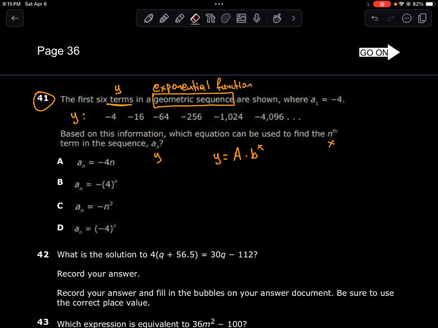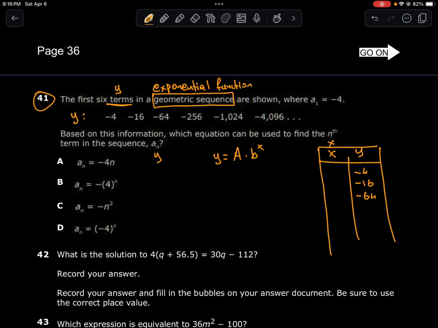And what would the chart be? The chart would have x and y. Those terms of the sequence that are given, those are the y's. So I start with -4, go to -16, -64, and so on. Usually just 3 points are enough to find the exponential.